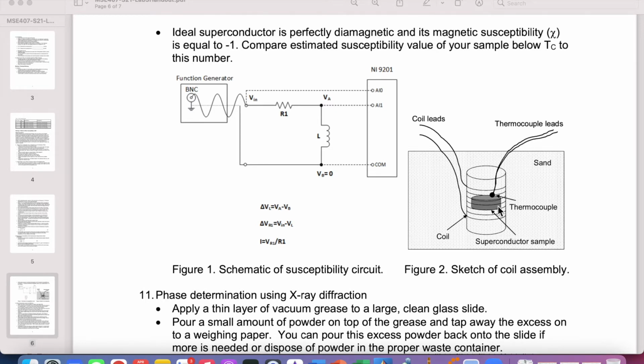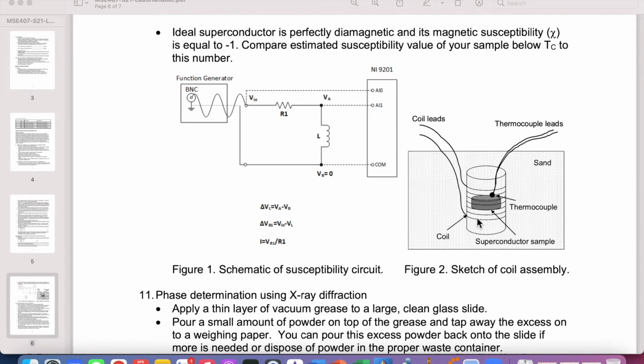And we saw with the levitation experiment that the magnet levitated because the superconductor was diamagnetic, and it opposed the magnetic field. So here, if the same happens, if our pellet expels the magnetic field, then we measure its effect on the inductor in the circuitry. And that's what we're trying to get.